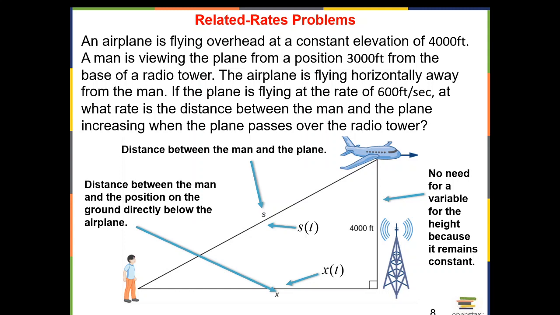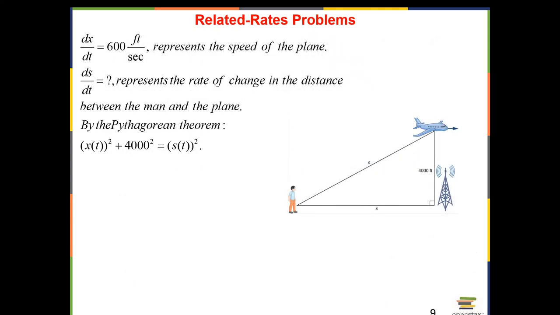And we are given dx/dt, and we are given this distance x. That distance is 3,000, right? So when x is 3,000, and when dx/dt is 600, what is ds/dt? That's the question. So let's do that.